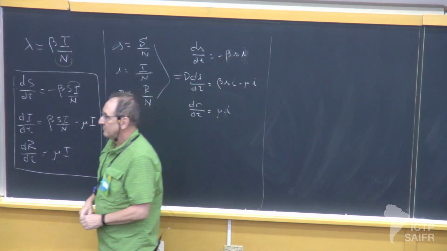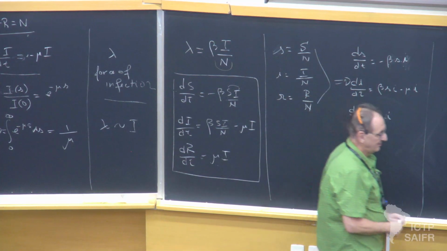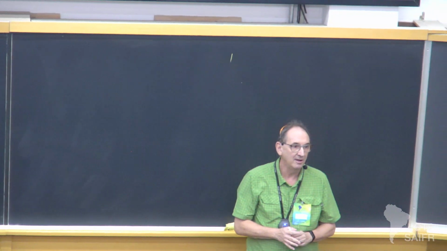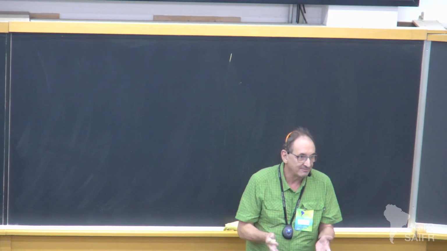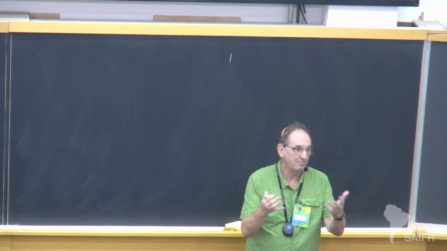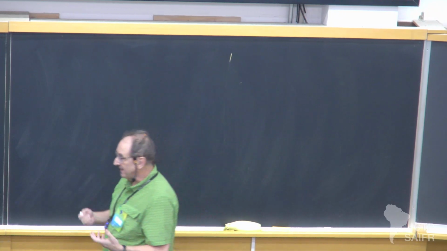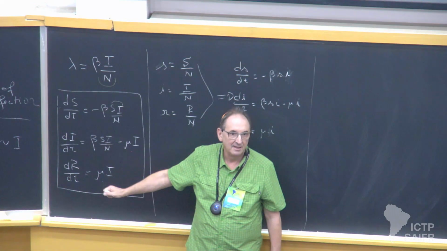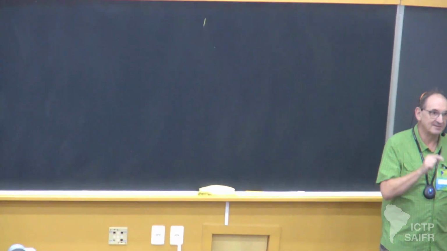But if you do have other things that you might know, then you have to modify your models. For instance, the number of people that die of the disease per day or per week. This is something usually known. But then you have to have a new compartment with people that have died. The same thing is, it's easier to know the number of hospitalizations due to a certain disease.